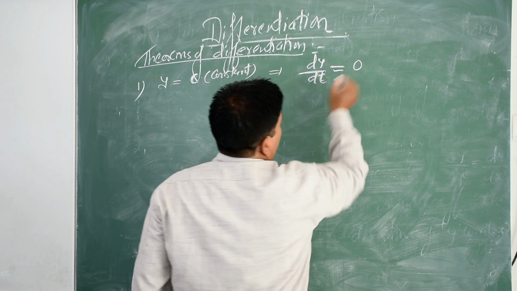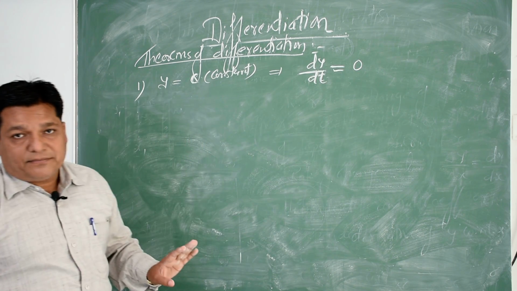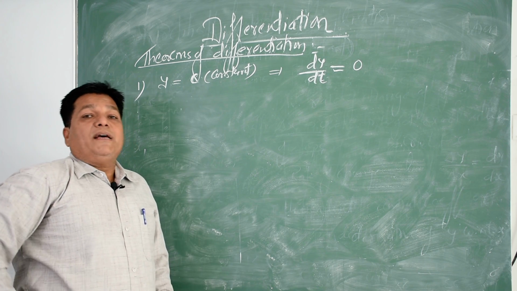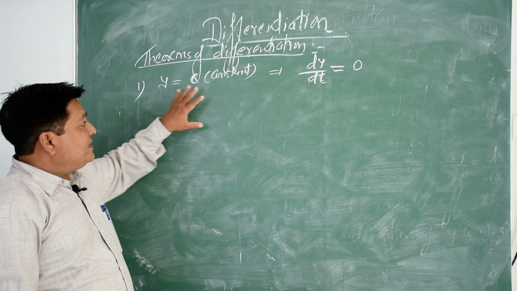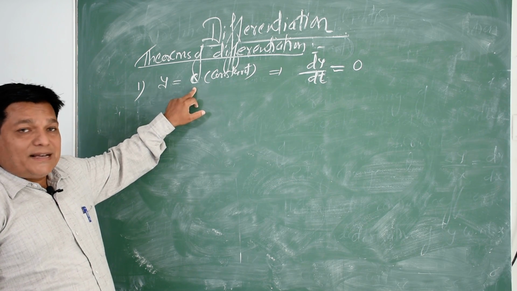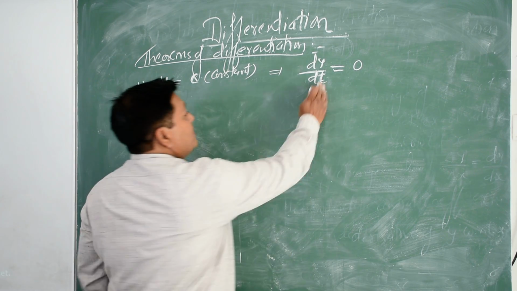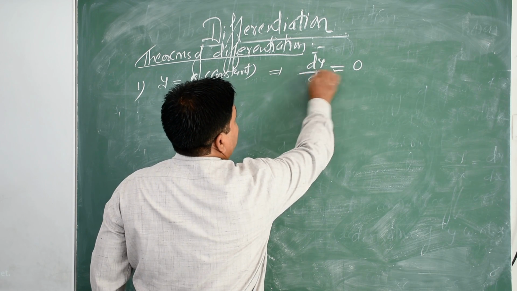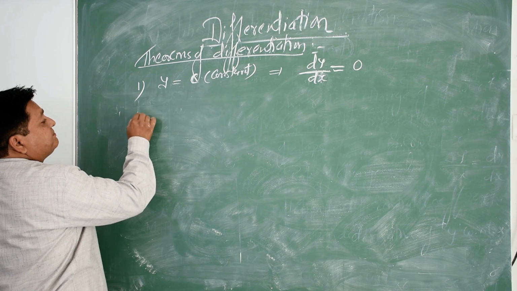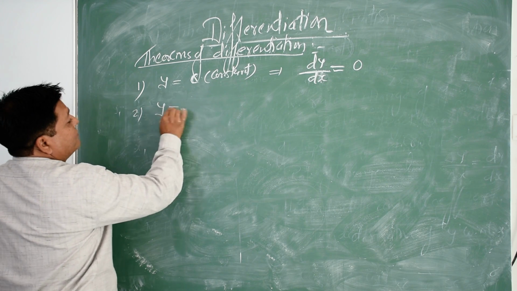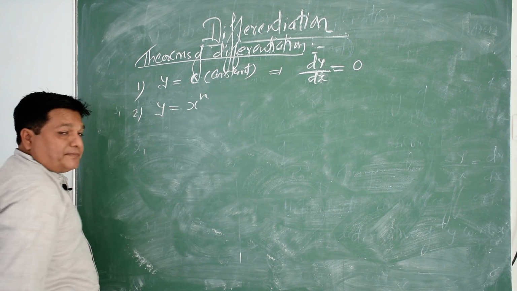Because in differentiation change is required. According to its definition, it is the rate of change of one quantity with respect to another quantity. If there is no change, if a constant is there, then its differentiation with respect to x is equal to 0.